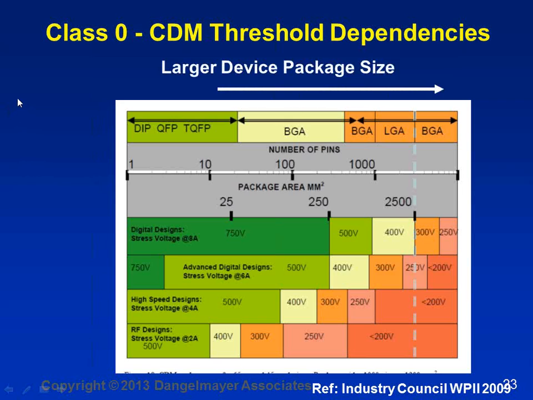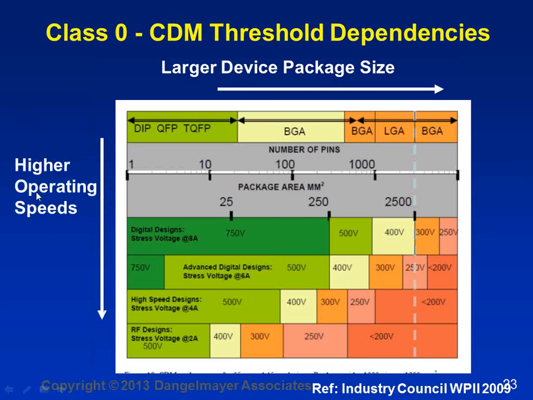In this chart, as we go from left to right, the package size for the component is increasing in size. You can see the pin count goes from 1 up to 1,000, or the package area size. Going from top to bottom, we're talking about higher operating speeds.